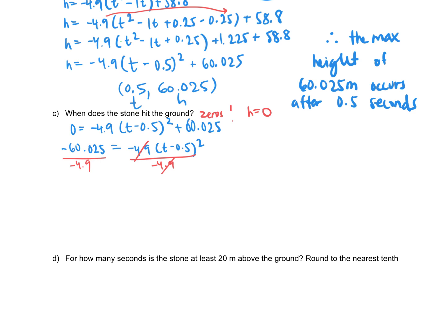And whatever I do to one side, I do to the other. And we're going to get 12.25. And now we can square root both sides, remembering when we square root, we will get plus or minus a number, and in this case it will be plus or minus 3.5.